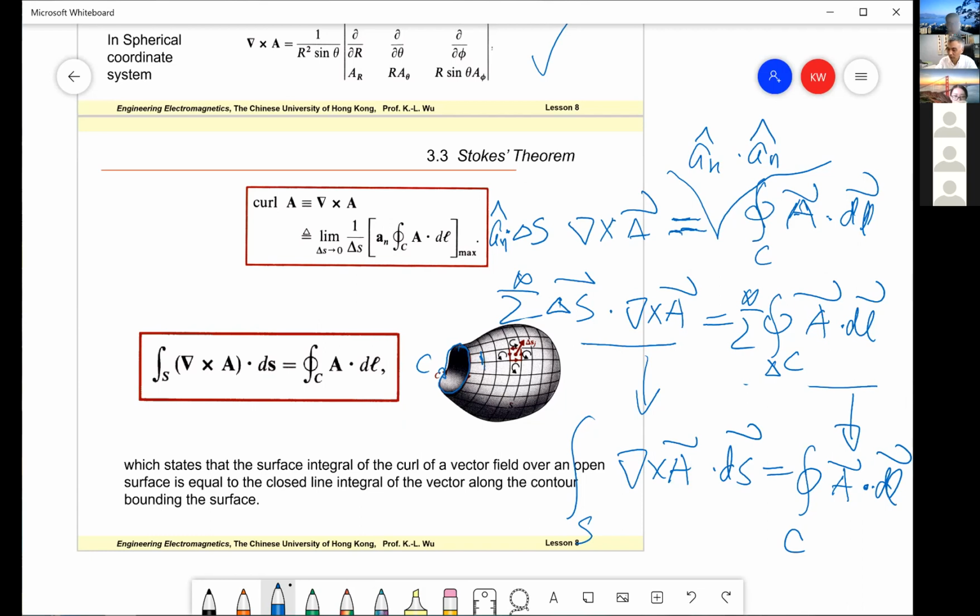So the only contribution left, not equal to zero, is on the outermost contour boundary C. So this is Stokes theorem.